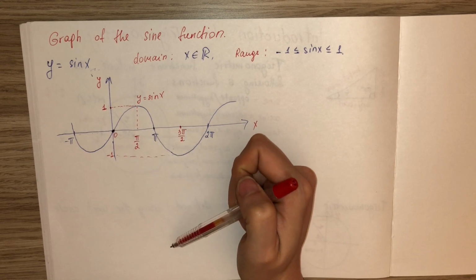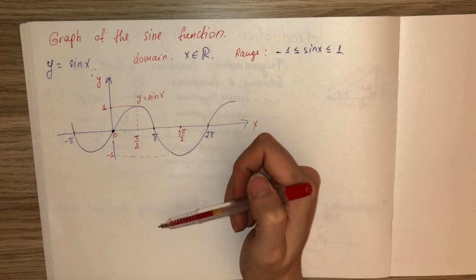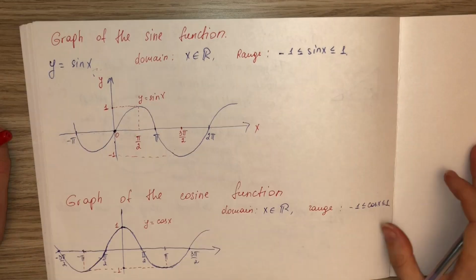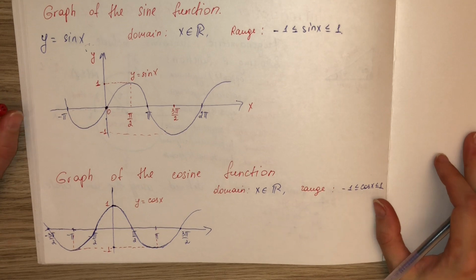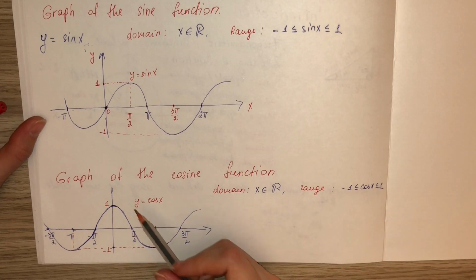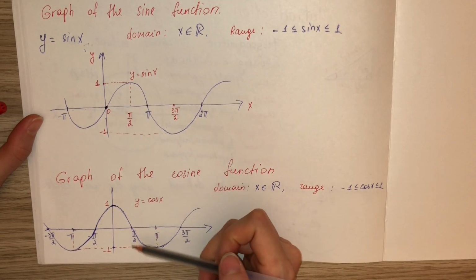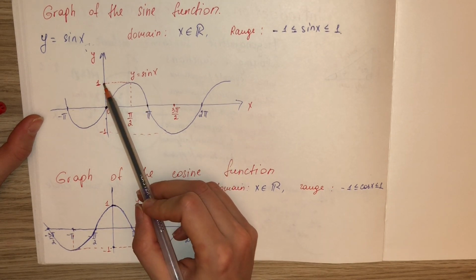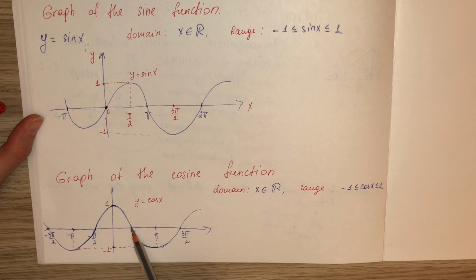So this is the graph of the sine function, and now the graph of the cosine function. Here is the graph of the cosine function. Could you see the difference between sine and cosine? While sine gets 1 at this point, cosine gets 0. Yes?